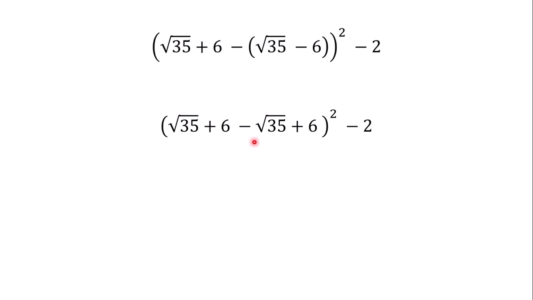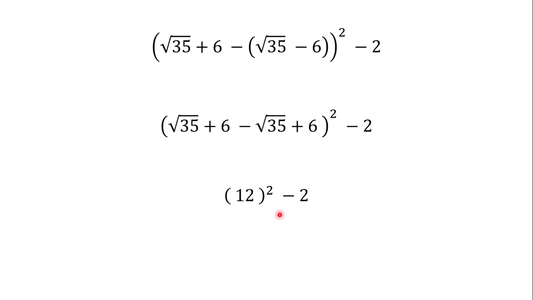Here we are having positive square root, then here we are having another square root, but it is negative. When you open the bracket, it has become minus root 35 plus 6. This negative times this will give you positive. So you see this and this will go away, and then it will be left with 6 and then 6. So 6 plus 6 will give us what? 12.